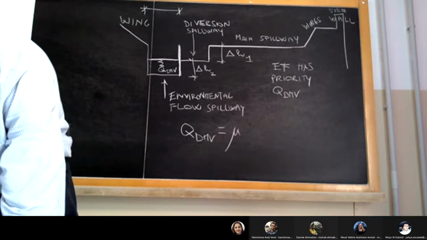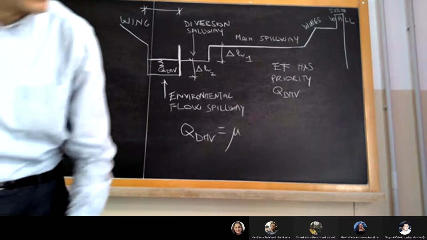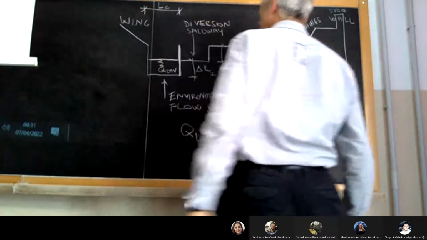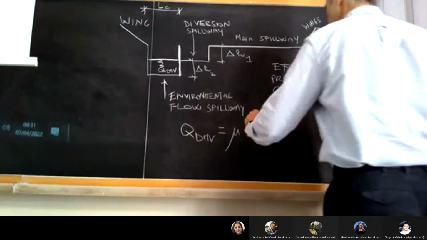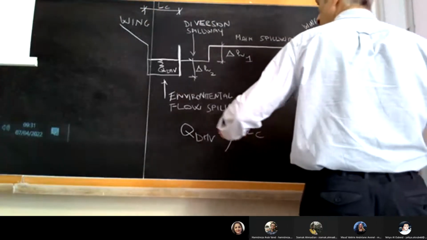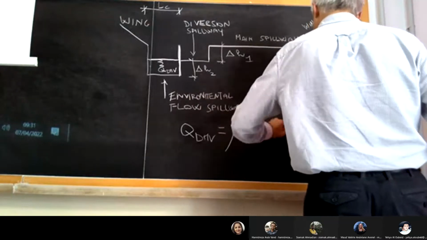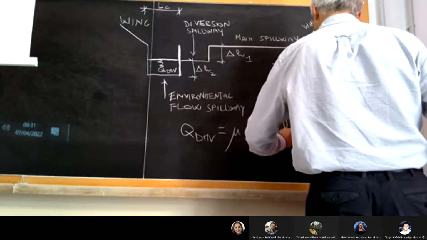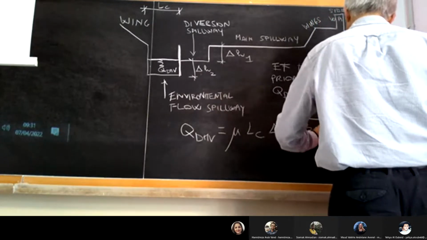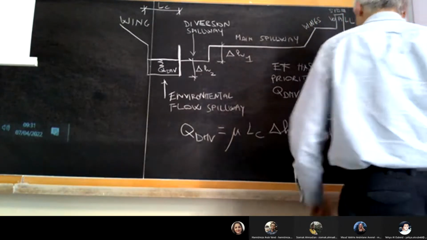It's LC. The width, LC, of the spillway, so mu, LC, and then I put here delta H2 times square root of 2g delta H2.